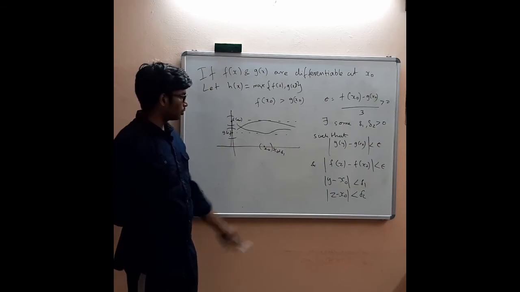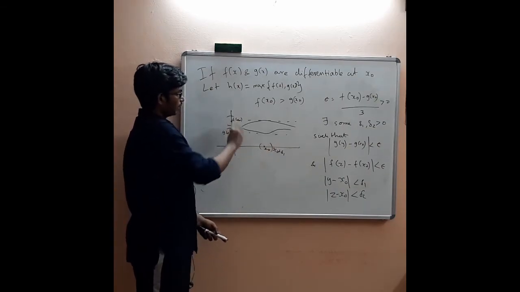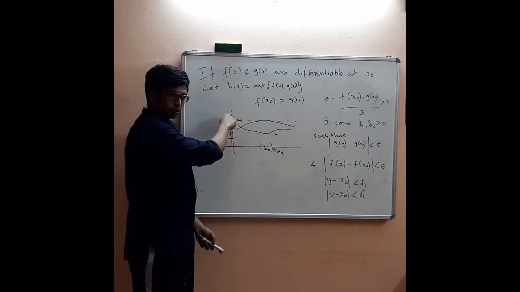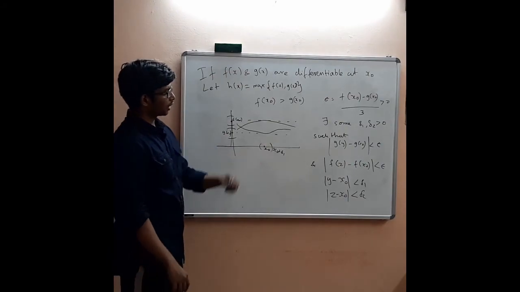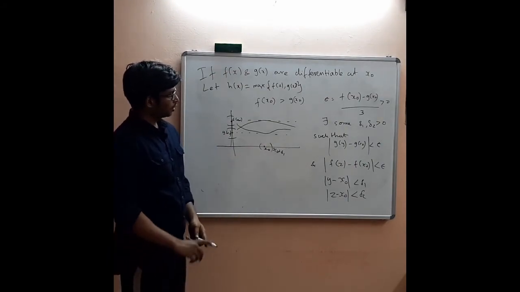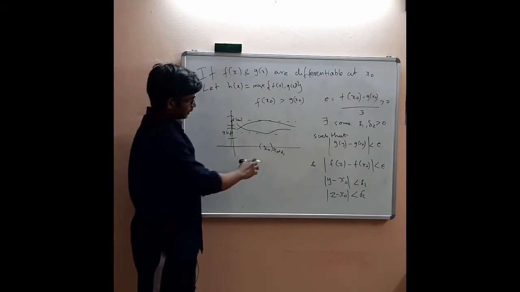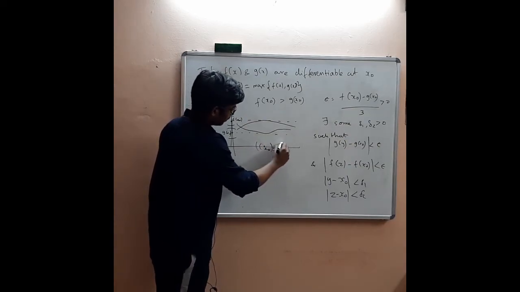I'm just using corresponding variables. You are just finding one interval such that the mapping will be close to this f of x naught, the functional value. So these two conditions should be holding. This delta 1 can be here and delta 2 can be here.